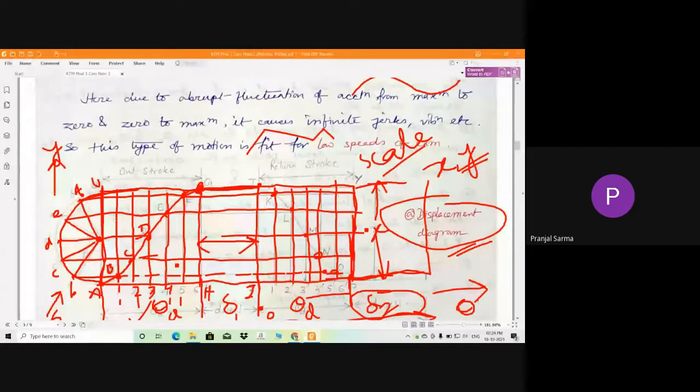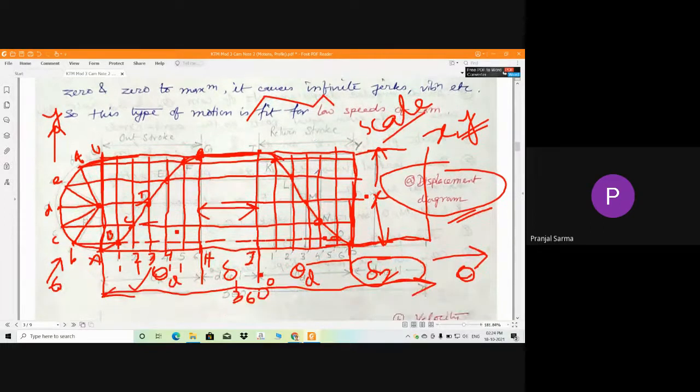Starting from here, these are not straight lines. Right now my figure is not going well. This is a straight line, and this is the return stroke. After that, there is a dwell. This is how we complete it. Let me know if you have understood.